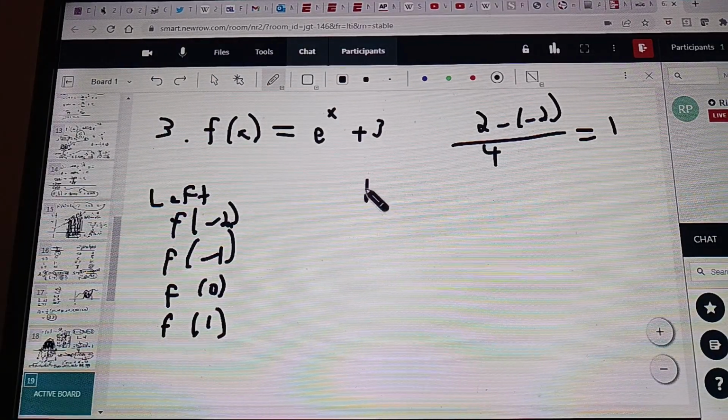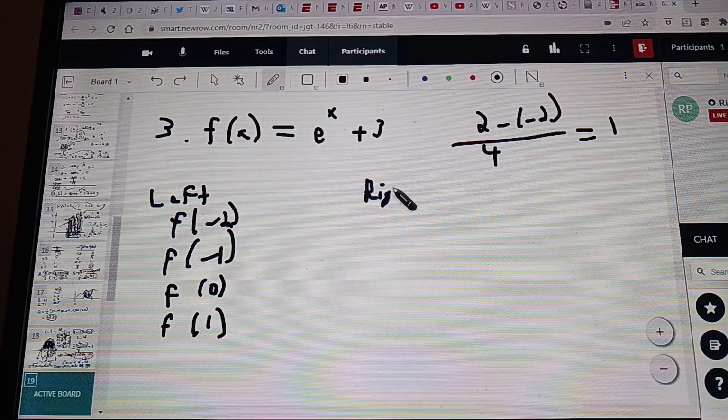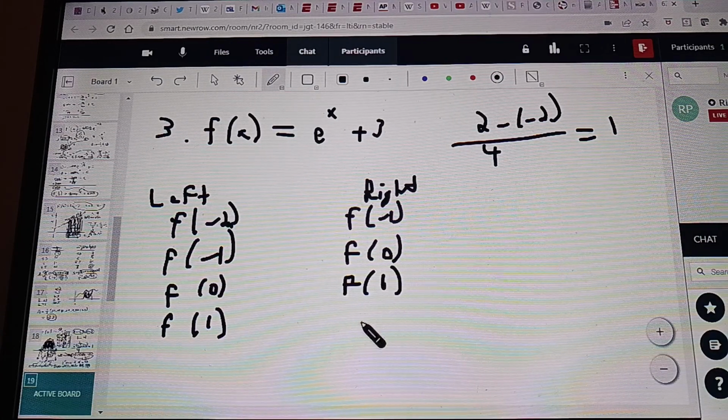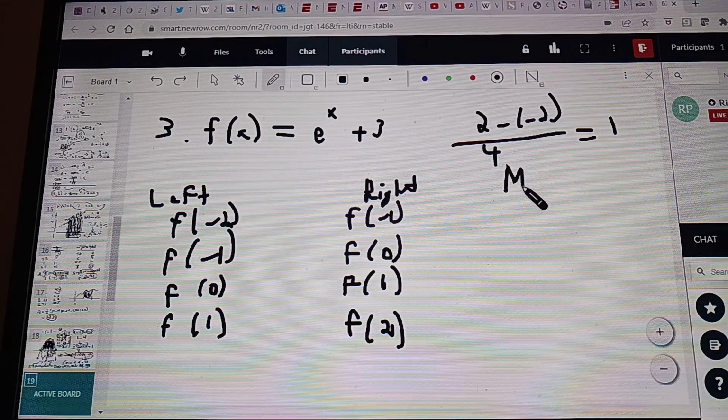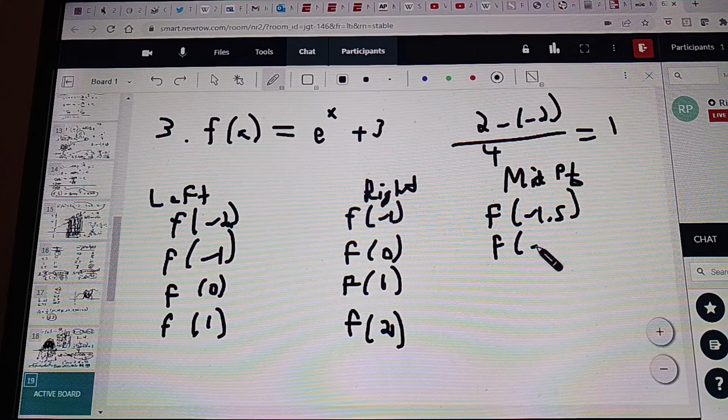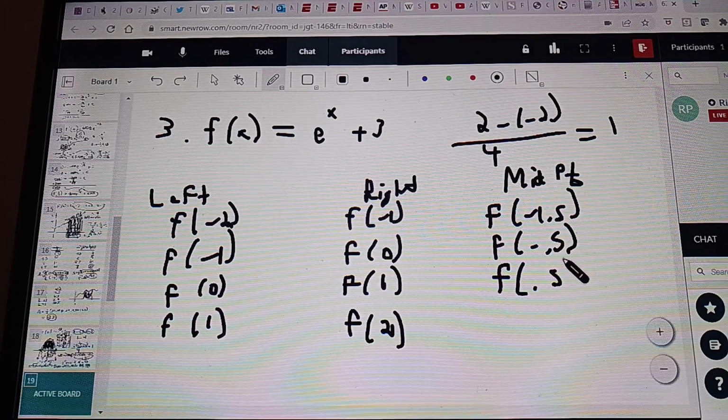The right endpoints, we're going to do the last 3 of these, -1, 0, and 1, plus 2 that we didn't do before. And then the midpoints are going to be -1.5, -0.5, 0.5, and 1.5.